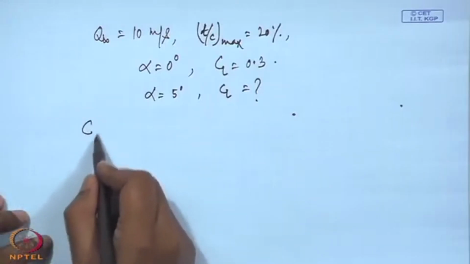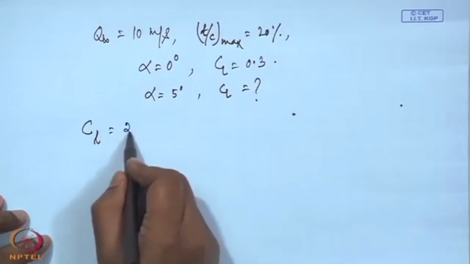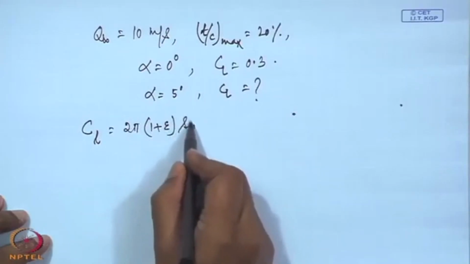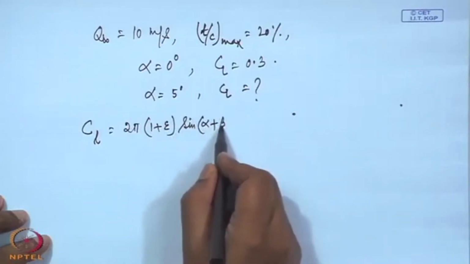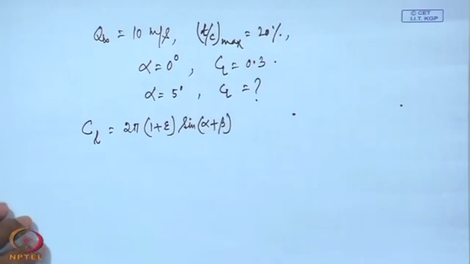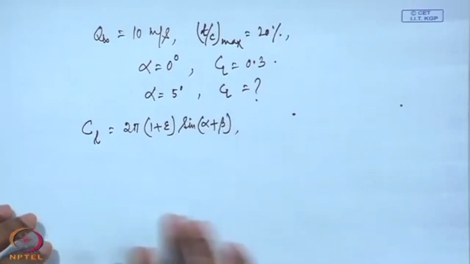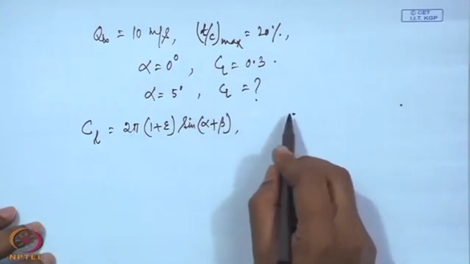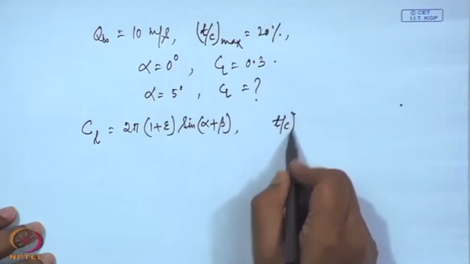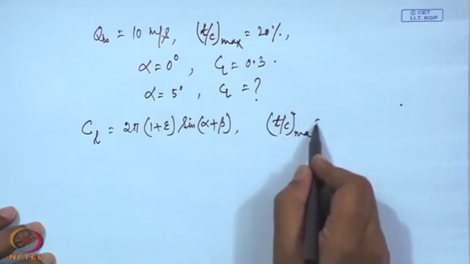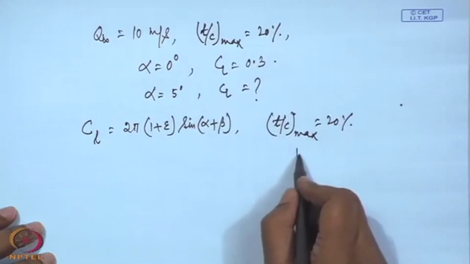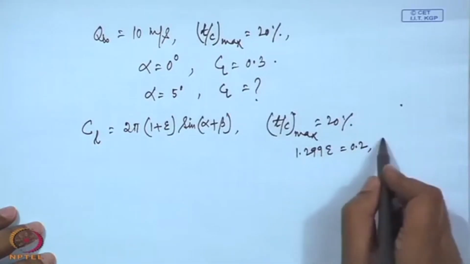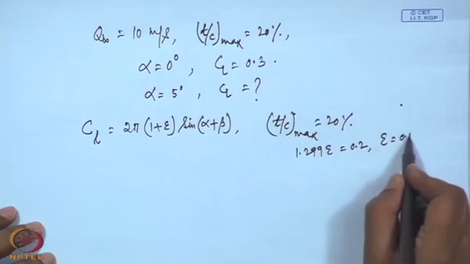Now, lift coefficient is given as 2 pi into 1 plus epsilon sin alpha plus beta. Epsilon is related to T by C max. So, T by C max is 20%, that leads to 1.299 epsilon equal to 0.2 or epsilon equal to 0.154.